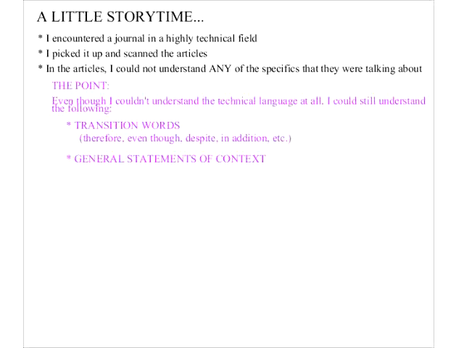So I could understand something like, until 1997, it was not possible to blah, blah, blah, blah, blah. Recently, this assumption has been called into question by, etc. These things I could totally still understand.